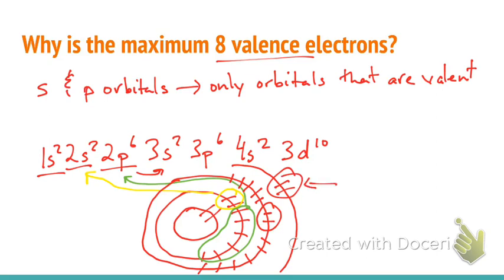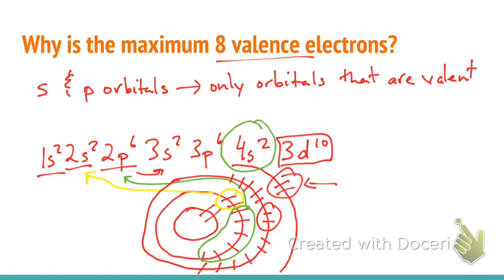And that's the reason why the d and the f orbitals don't play a role in the valence electrons: the d orbitals are always filled in after the new energy level. For example, my fourth shell, or fourth energy level, is already my valence, so I'm basically backfilling these d orbitals in the third shell.